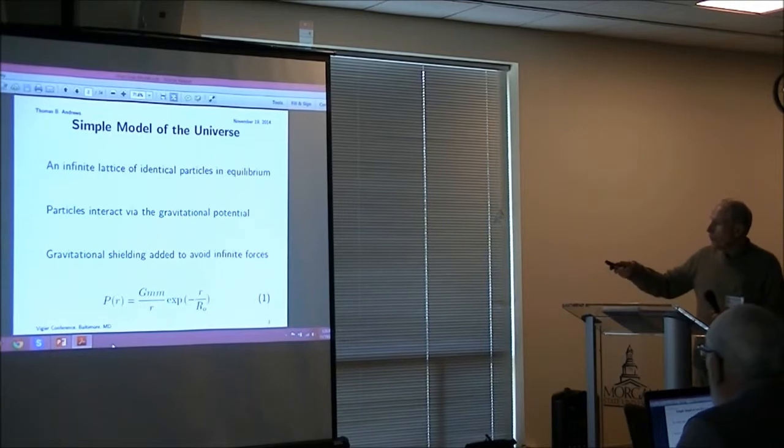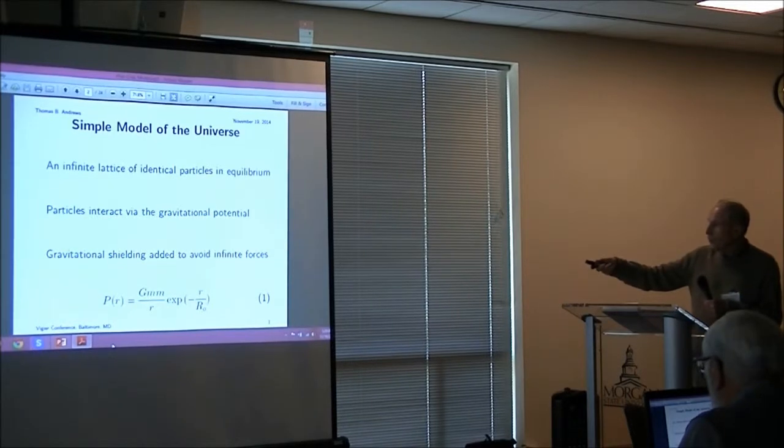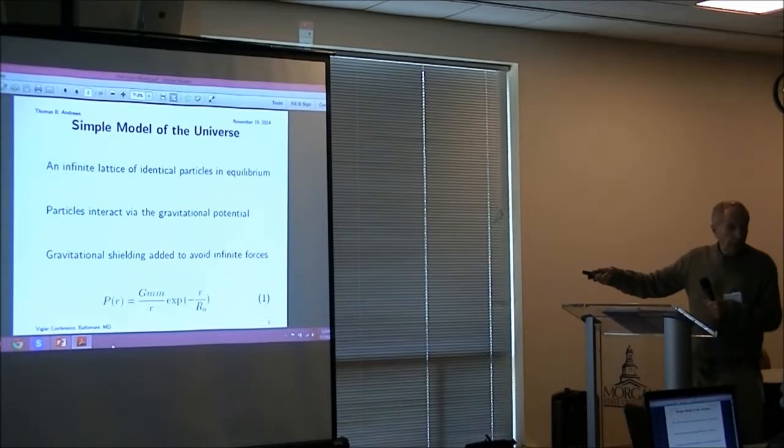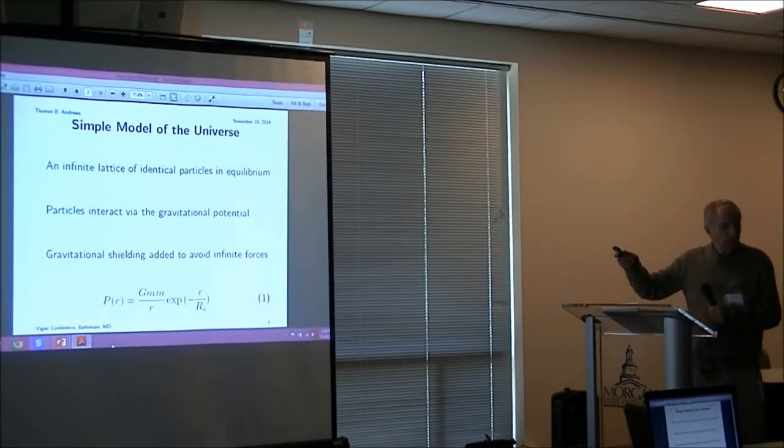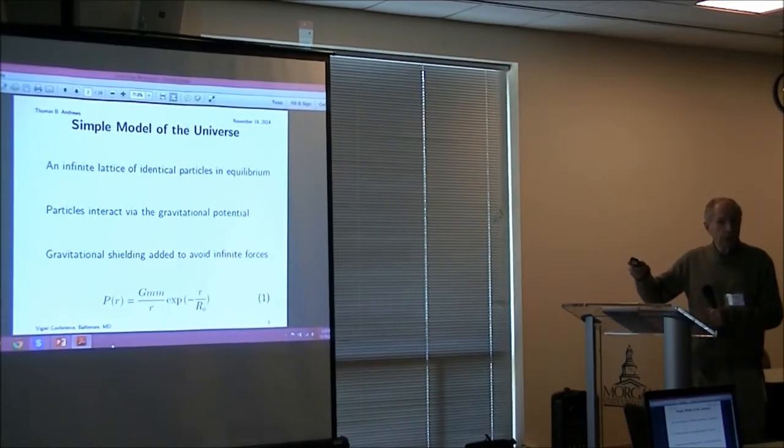Now, for gravitational shielding, I add a term to the gravitational potential, exponent minus r over r0. That cuts down the gravitational potential interactions from particles far away, and if the particle is very far away, you don't interact with it appreciably.